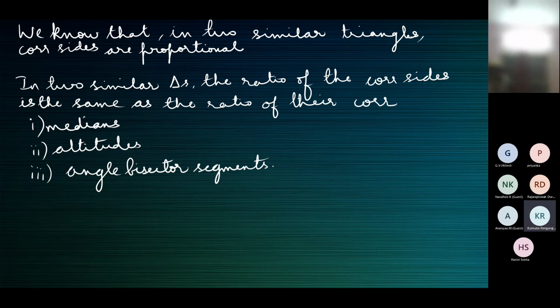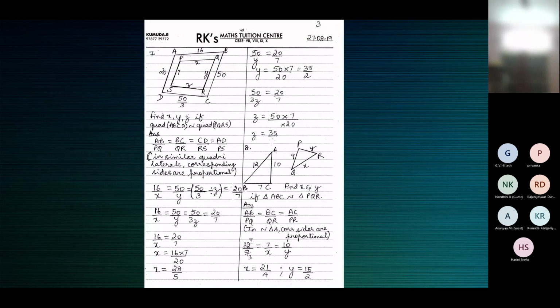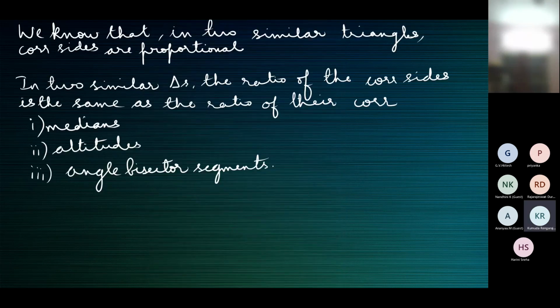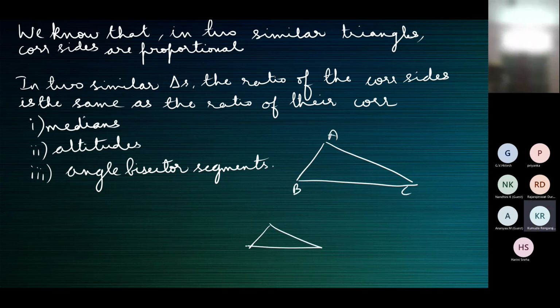Let me just take an example, children. Let me take that example here itself. Now say this is triangle ABC, this is triangle PQR. Let me call the sides 3, 4, 5, and 6, 8, 10.